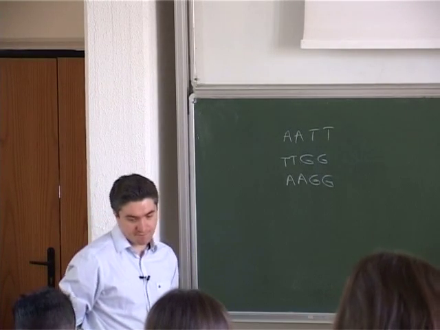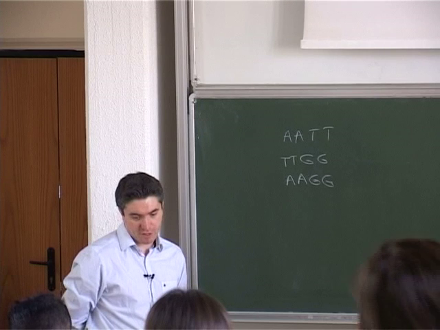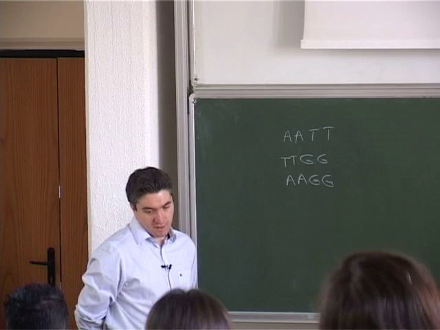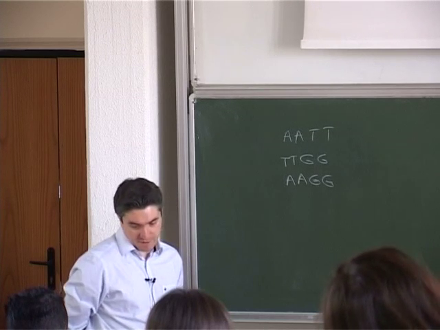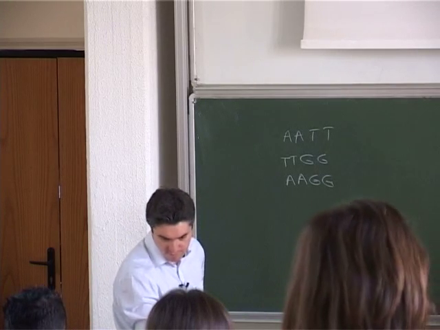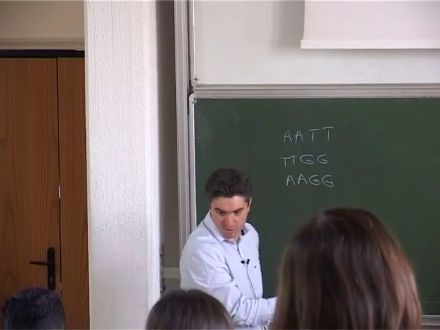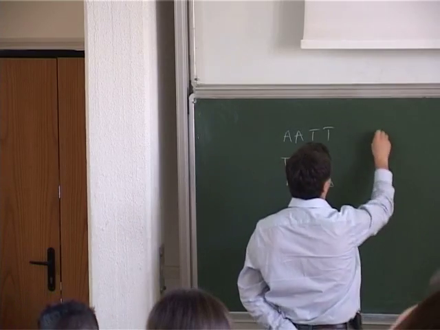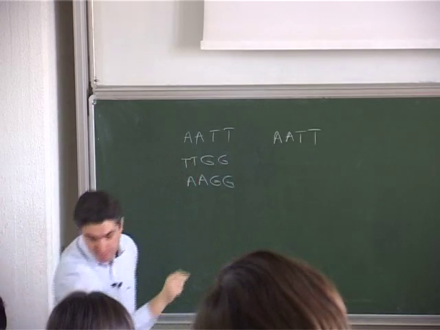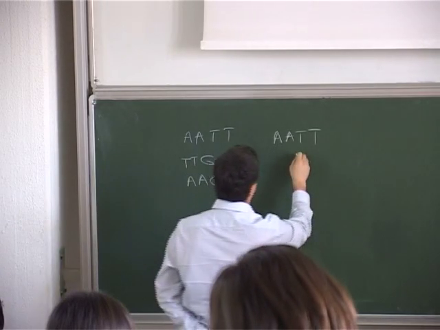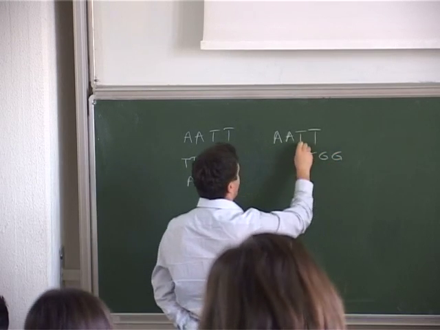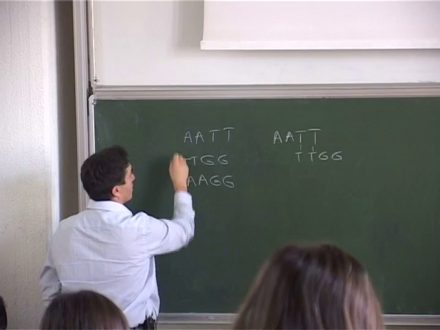Here, if the alignments were like this, and TTGG, this is the pairwise alignment between these two.